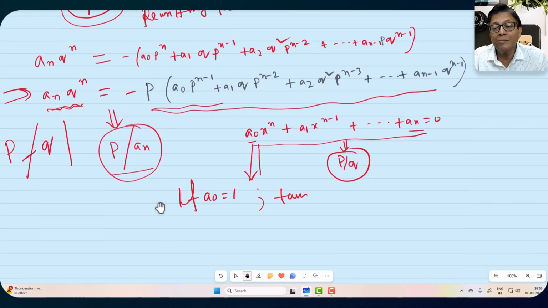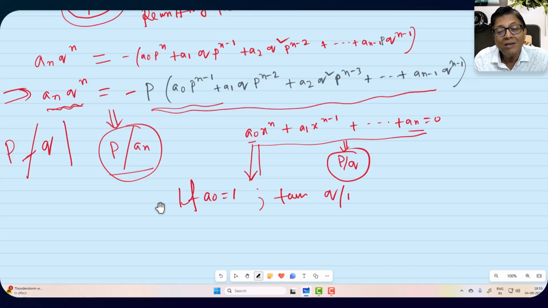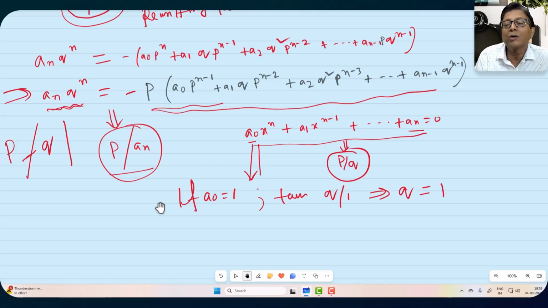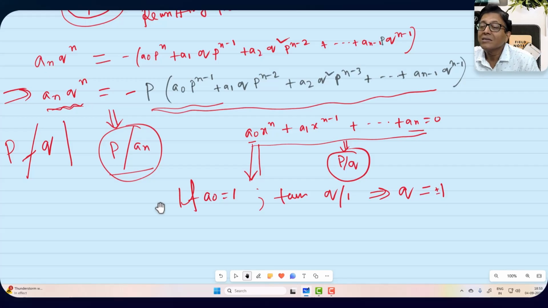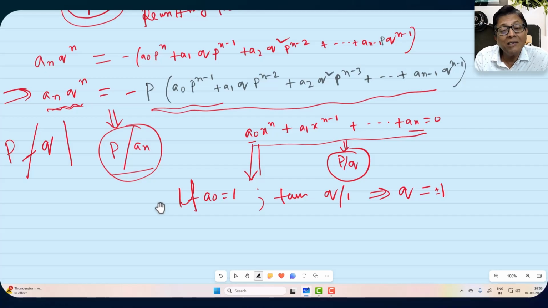That Q must divide A0. Q must divide 1. Isn't it? What does this imply? Q will be 1 only, if you take Q not equal to 0 and Q a positive number. Otherwise Q will be plus minus 1. So this time, what is your observation? Q will be plus minus 1.